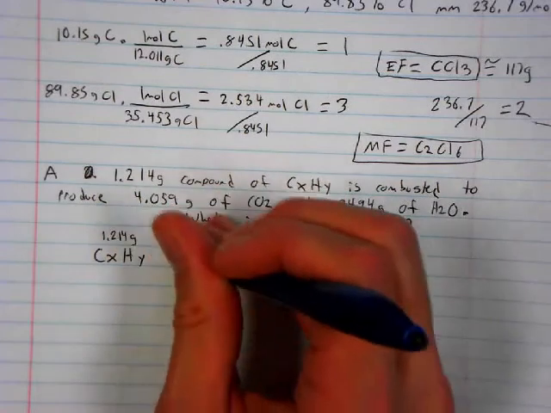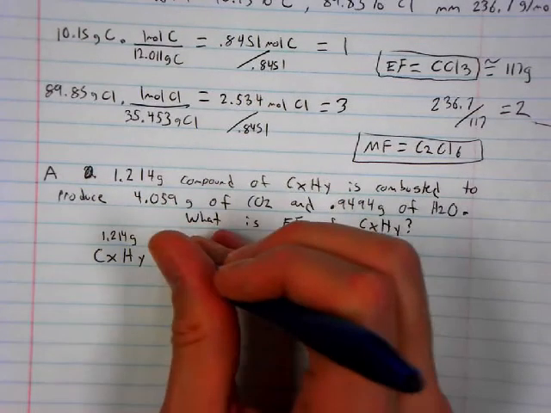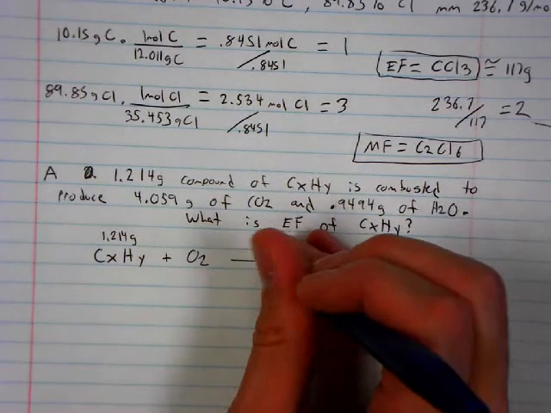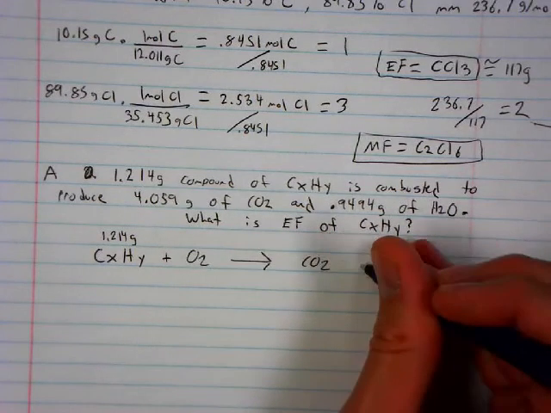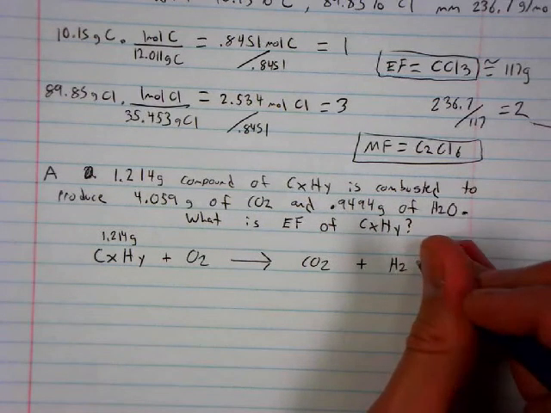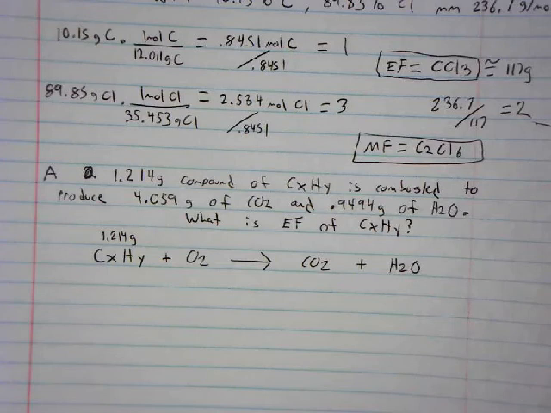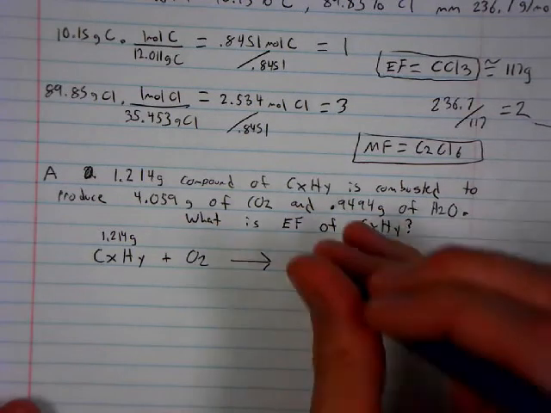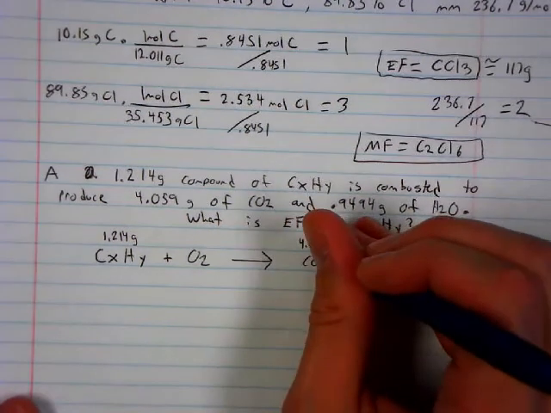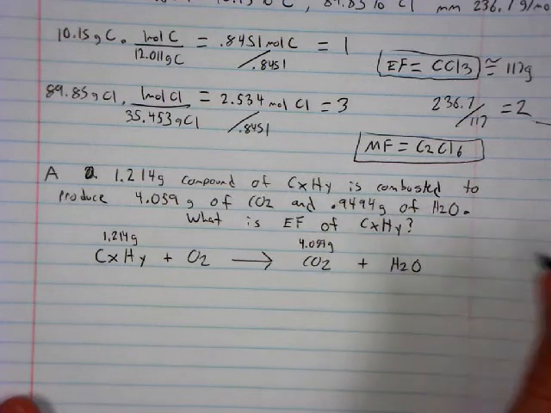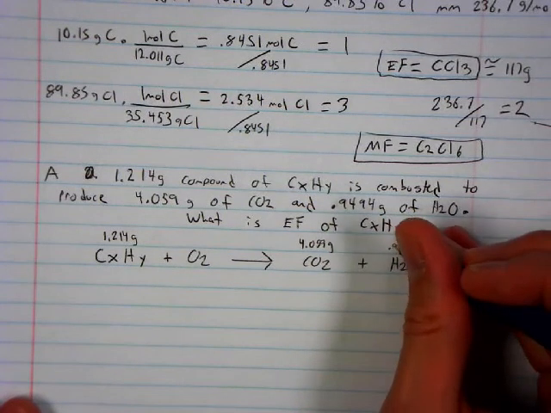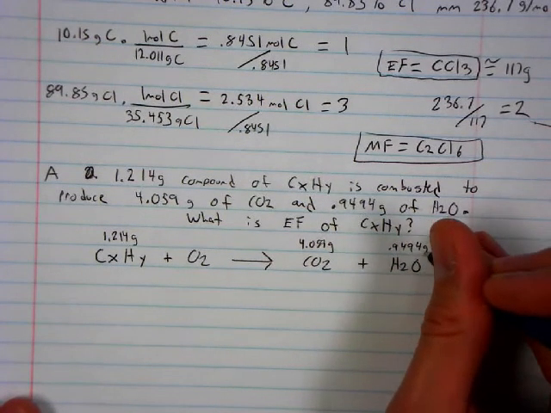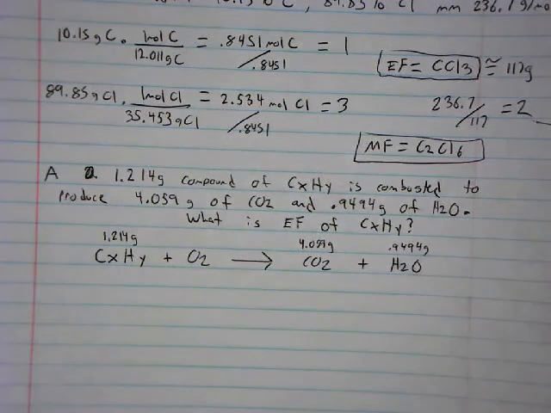The first thing I would do would be write what I have. So I'm going to write an equation. Always try to start by writing an equation. So I have CXHY with a mass of 1.214 grams. I know it's combustion, so plus O2 yields CO2 plus H2O.